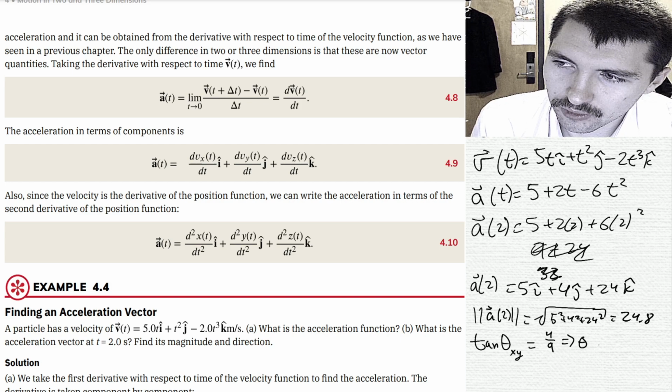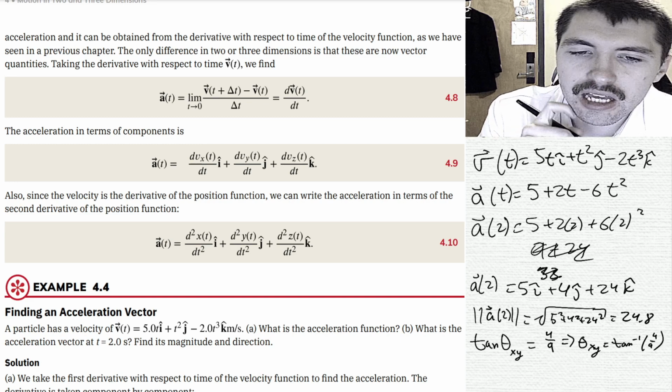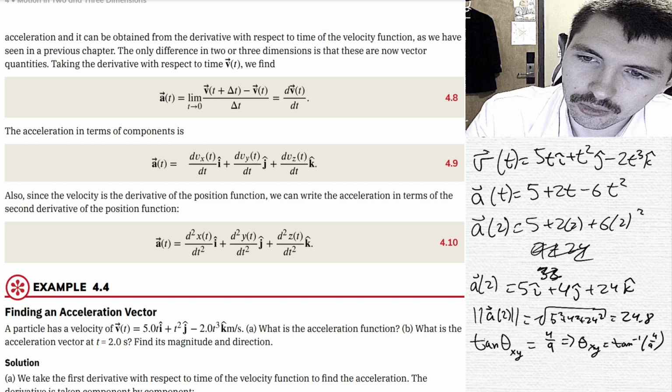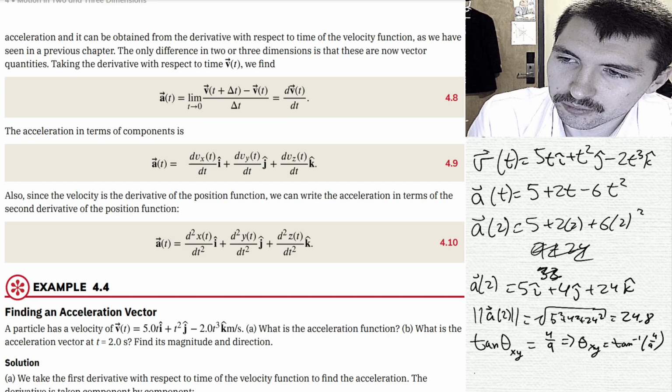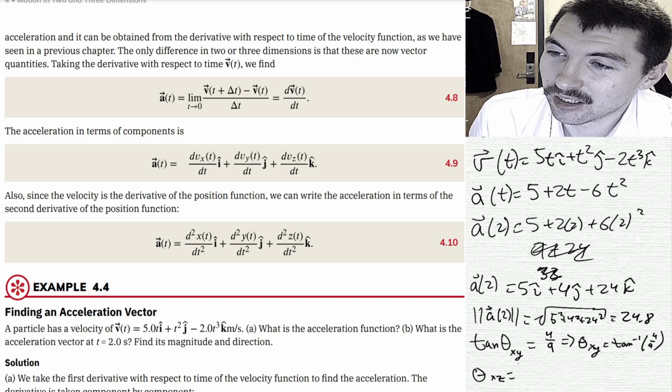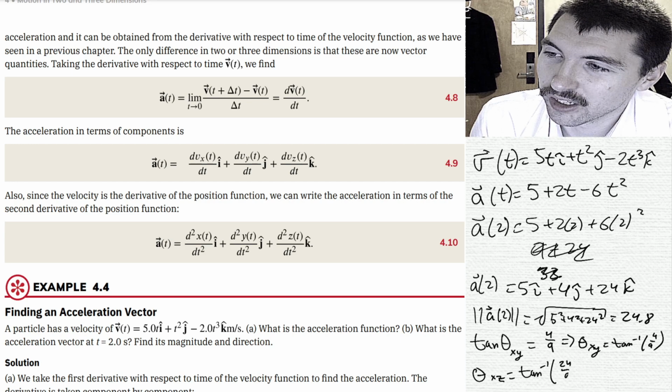So theta xy is the inverse tangent of 4 over 9. And then I think you would do the same for xz. I'm really not sure, but just from guessing, I'm thinking it'd be 24 over 9.